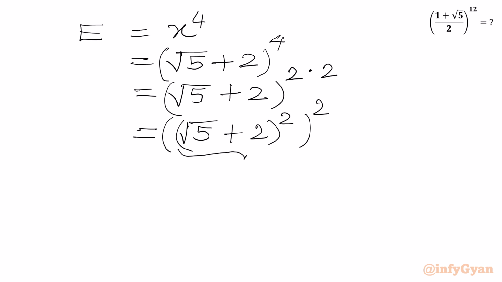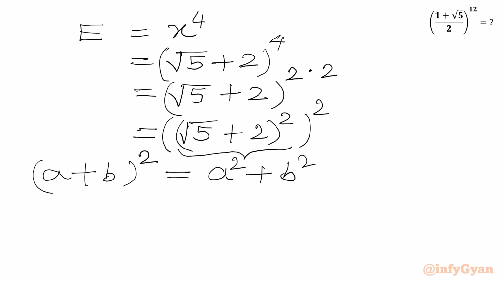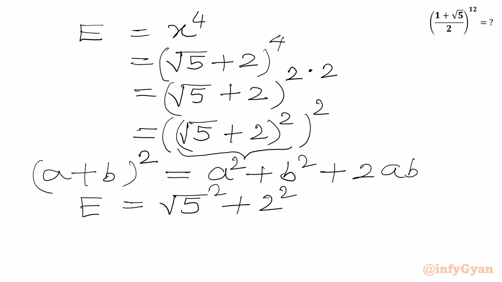Now we will expand this. So we need to know the (a + b)^2 formula. So we can write a^2 + b^2 + 2ab. So our expression we will write (√5)^2 + 2^2 + 2 times √5 times 2, and then we have whole square. Now (√5)^2 will be cancelled out.